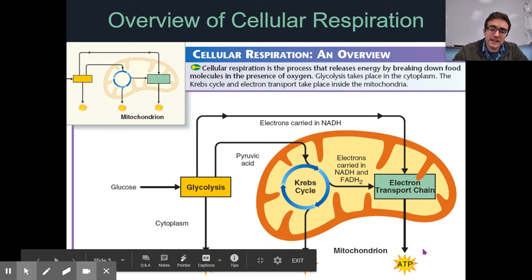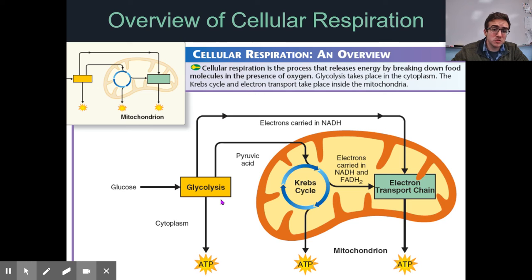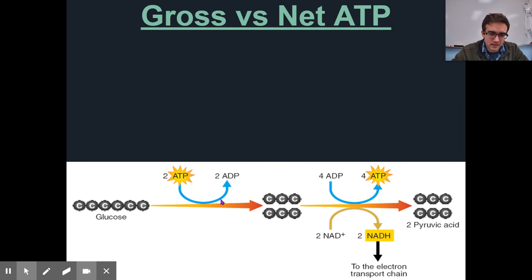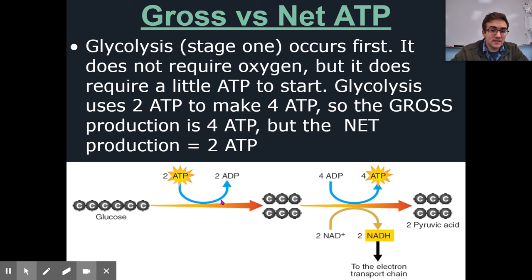So let's look more at these ATP totals. Up to this point, I said glycolysis makes 2 ATP. That's not quite accurate, because glycolysis actually makes 4 ATP. So the gross production of ATP is 4.